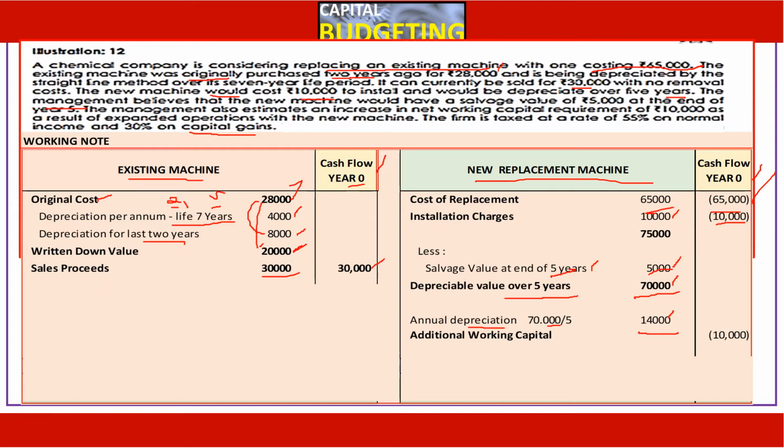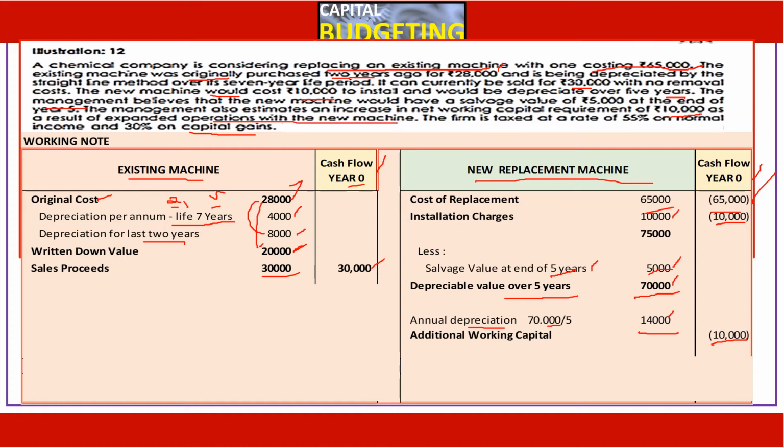And the management also estimates an increase in net working capital requiring 10,000. Means we have to put in more current assets and there will be an outflow of rupees 10,000 towards increase in working capital for expanded operations with the new machine.